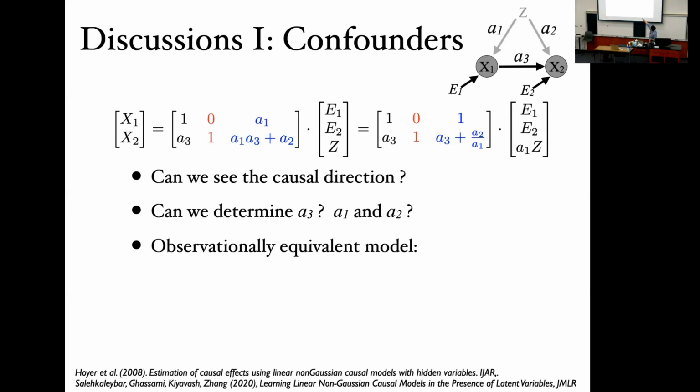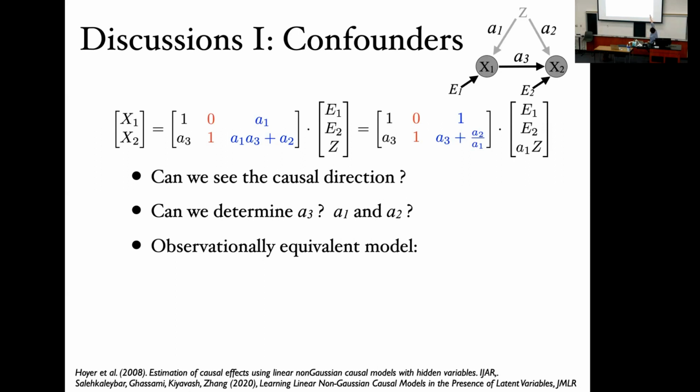Okay, so this is the mixing procedure. Here it basically says that x1 is influenced by E1, and also influenced by Z, as you can see from here, with coefficient A1. X2 is influenced by E1 with coefficient A3 and E2 with coefficient 1. Now it is additive, right?